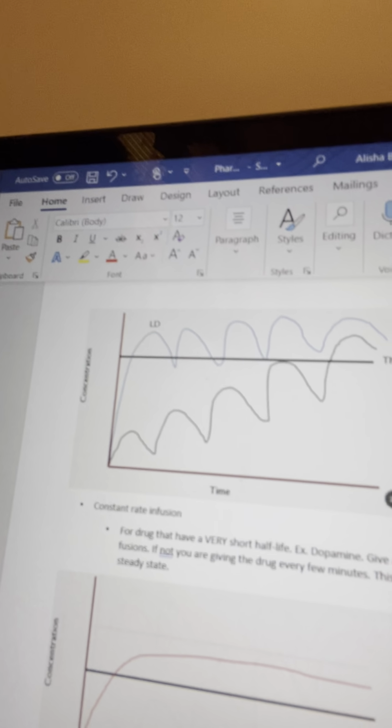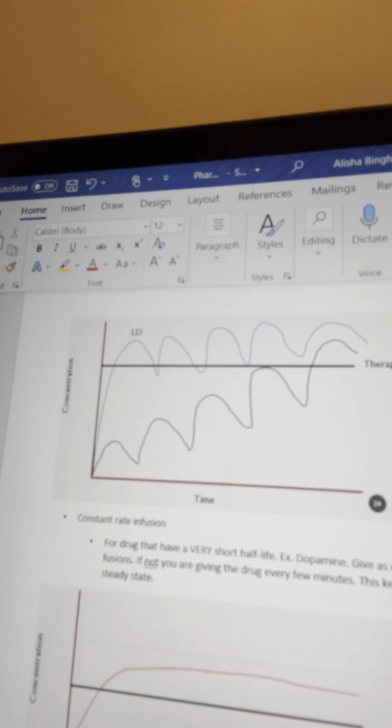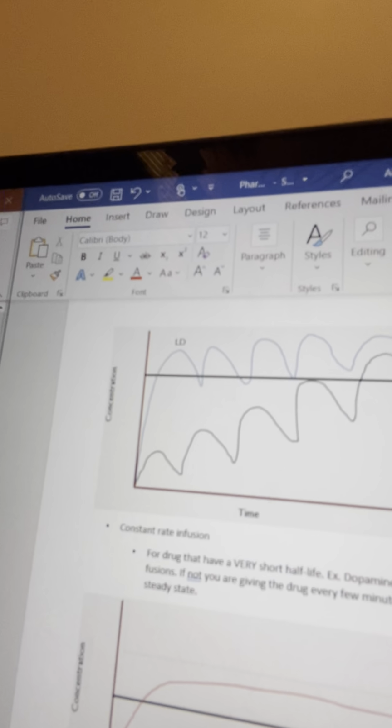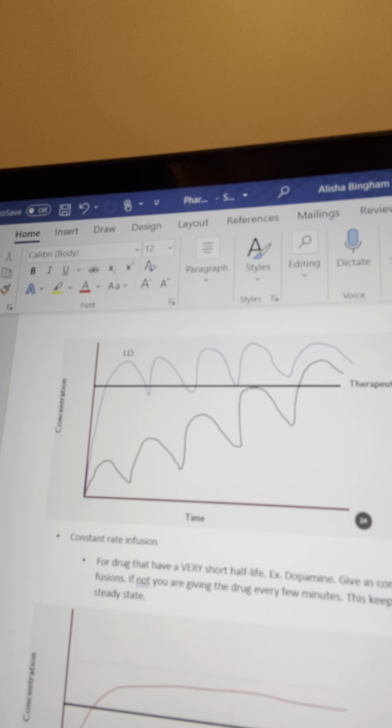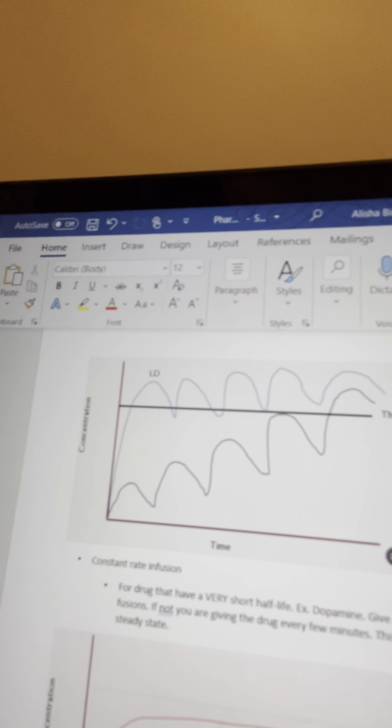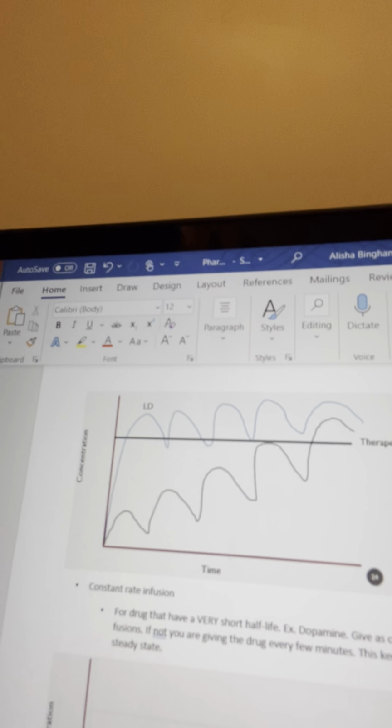So here's a graph showing that. This is a drug with a long half-life, so it would take forever to reach therapeutic range. So they give a higher initial dose, which is the blue line here, in order for it to reach the therapeutic range faster.